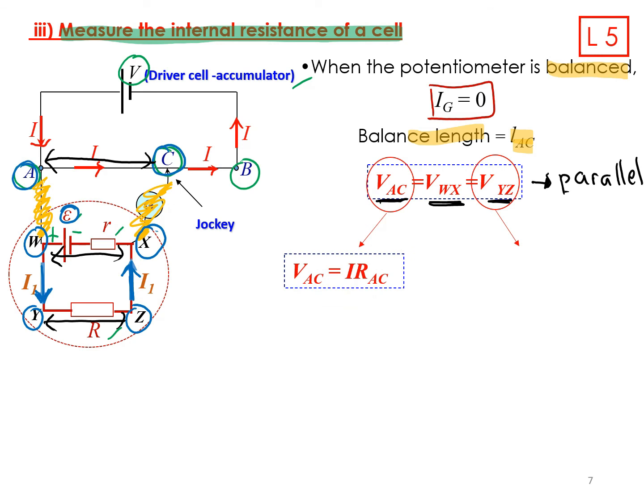Then by using Ohm's law, V equals IR, so VAC is equal to I RAC.